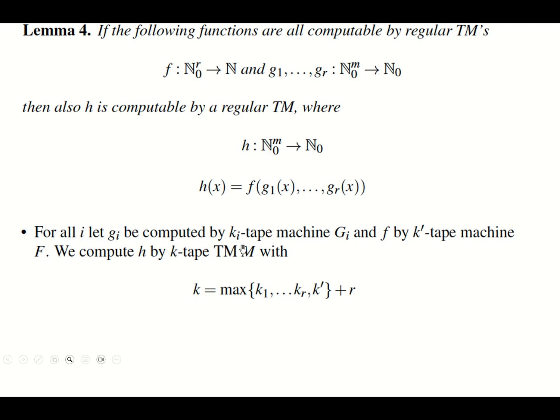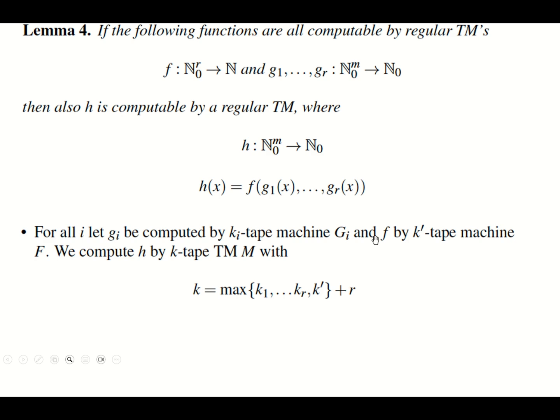So let's say it's a ki-tape machine, big Gi. Big G1 is the Turing machine that computes small g1, and let's say it uses k1 tapes. And let's say f is computed by a k-prime-tape Turing machine, big F. So big F computes f, big G's compute each of the g's, and it's ki tapes for each g and k prime for f.